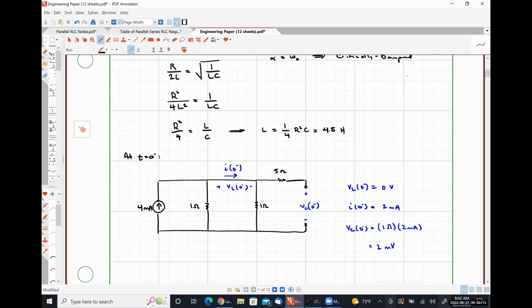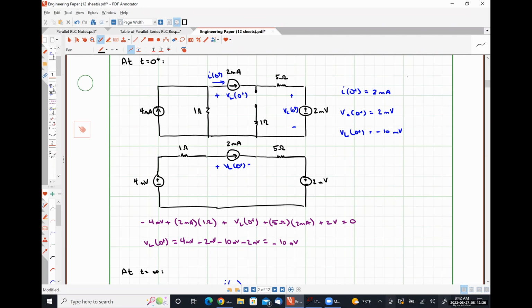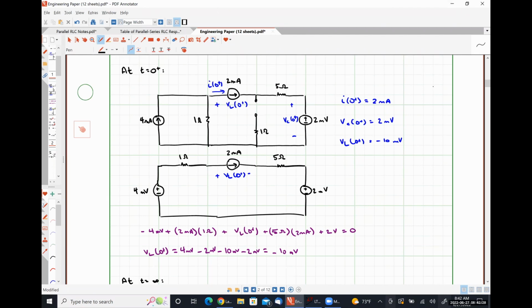And then we have 1 ohm times 2 milliamps should look like 2 millivolts as our capacitor voltage. Okay. At t is equal to 0 plus, our inductor current cannot change. Our capacitor voltage cannot change.